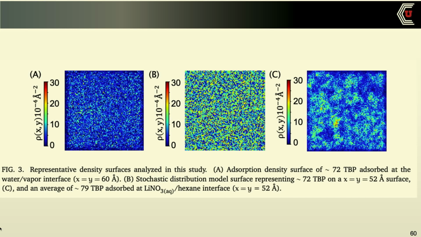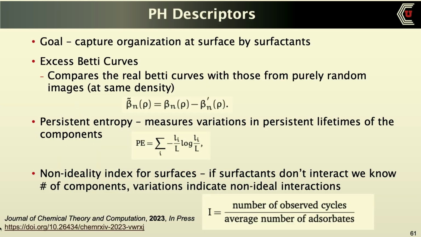Depending upon the composition of the surface, I can go from something that looks really homogeneously distributed to something that looks quite heterogeneously distributed. And I can introduce a number of descriptors associated with the persistent homology that capture this organization on the surface. We introduced a descriptor called the excess Betti curve, where we take the molecular dynamics data of the structures on the surface and compare it to a purely random image at the same density.